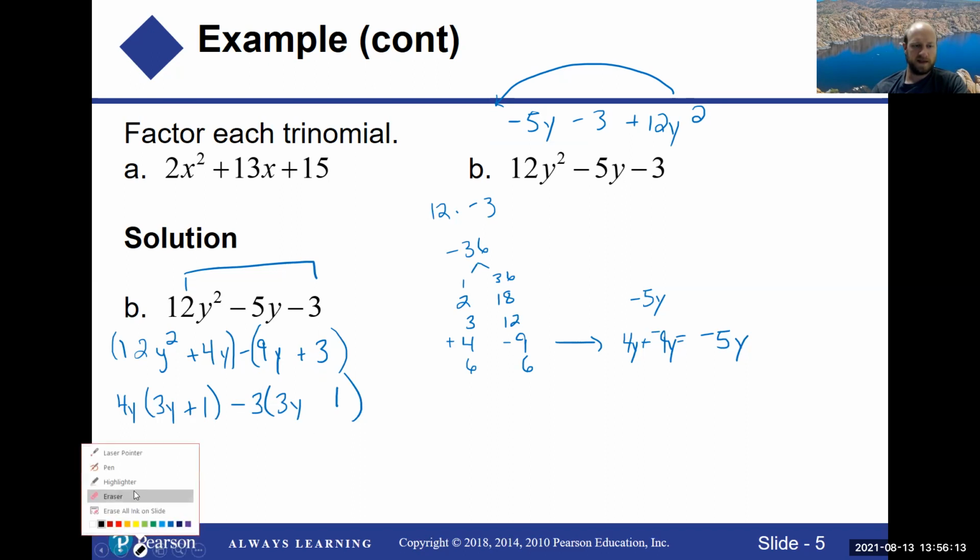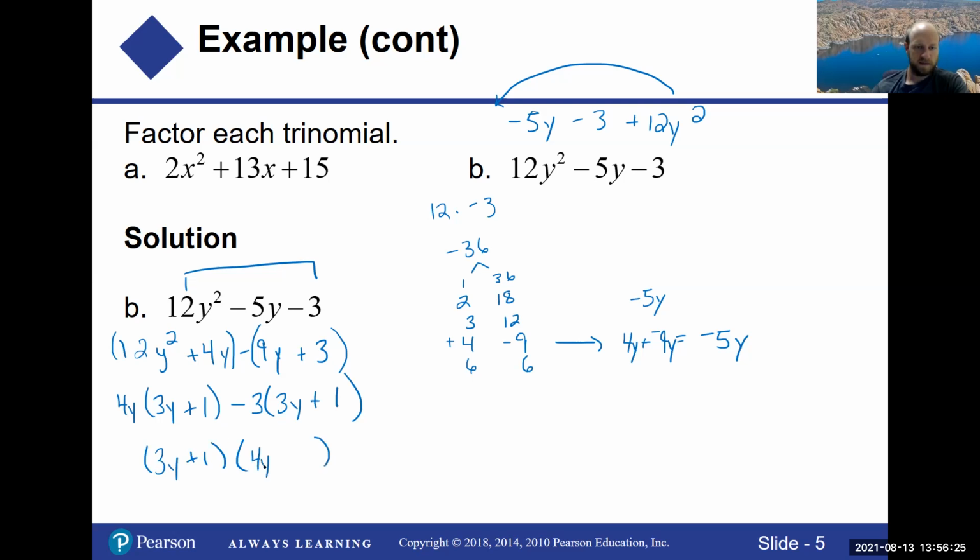That's the only thing that I did wrong. Okay, so this would still be 3y plus 1. Now I have those, and then I can just put those common factors together. And so I have 3y plus 1, and then times 4y minus 3. And again, you should be able to FOIL that out, and it should check.